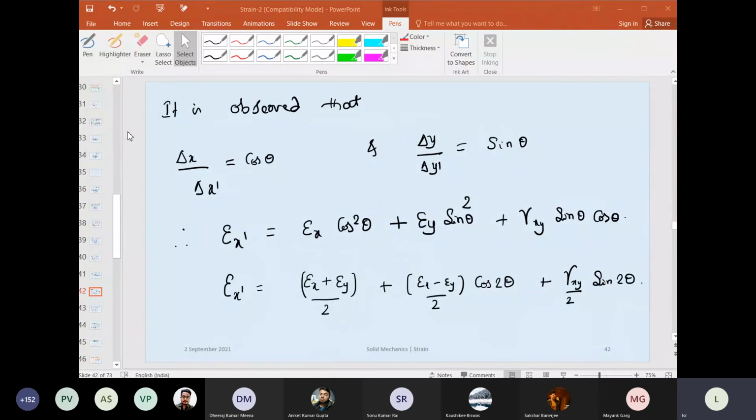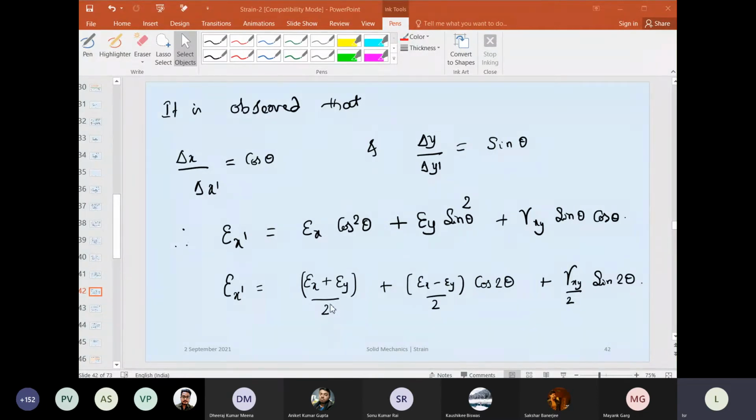So you know that delta x by delta x prime is cos theta, delta y by delta x prime is sin theta. So I will get this as epsilon x cos square theta, epsilon y sin square theta, gamma xy sin theta cos theta. So otherwise this is what in the stress transformation you have written.